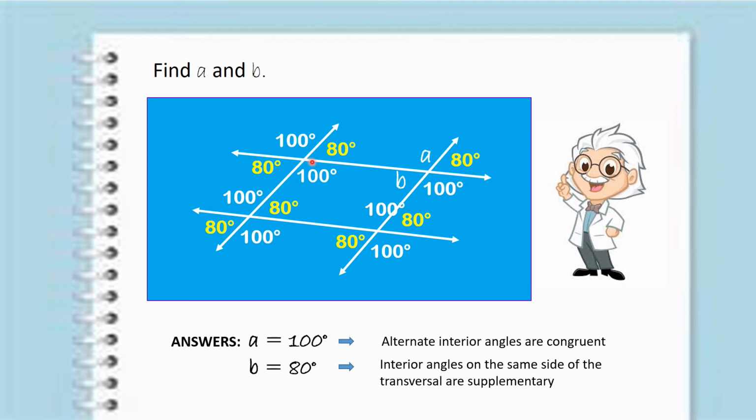And they're also vertical angles, where they are a linear pair with this 100 degrees angle. So notice that we only have two angle measures, 100 degrees and 80 degrees, when parallel lines are cut by a transversal. So that's it.